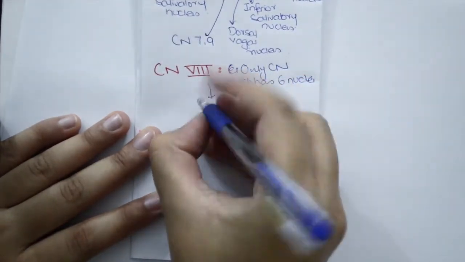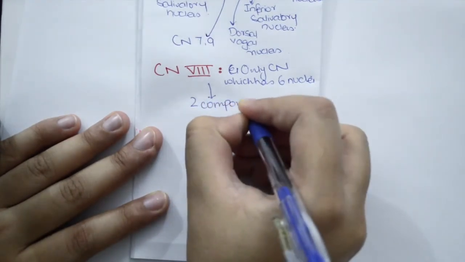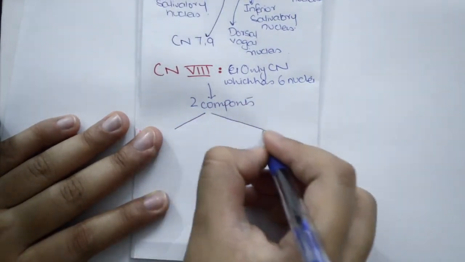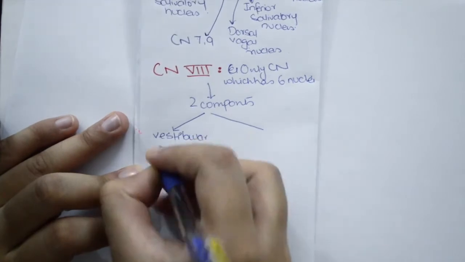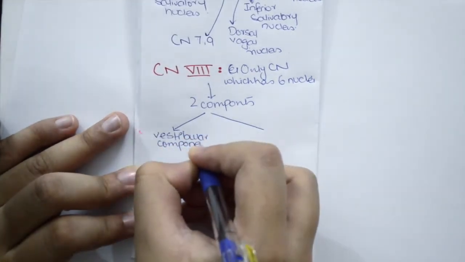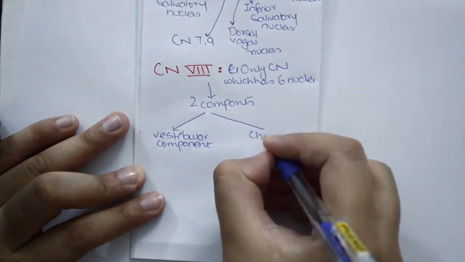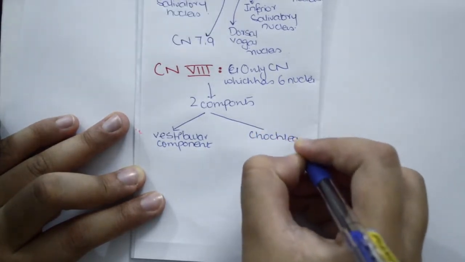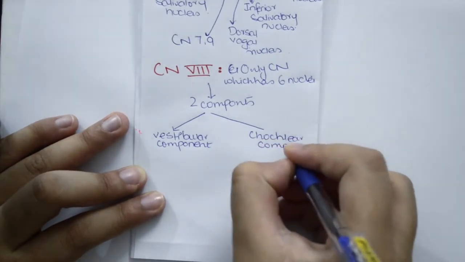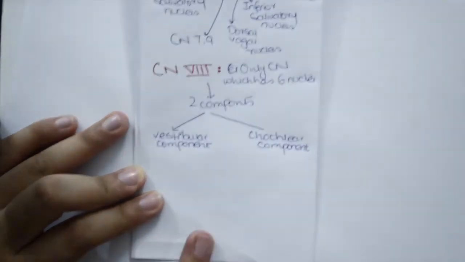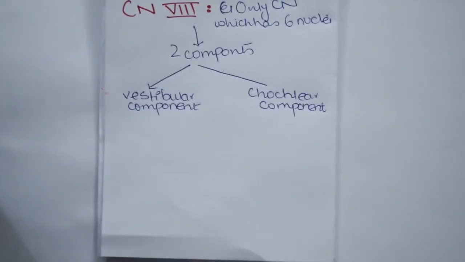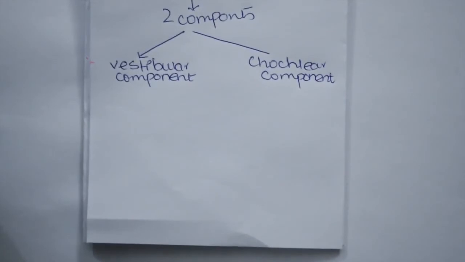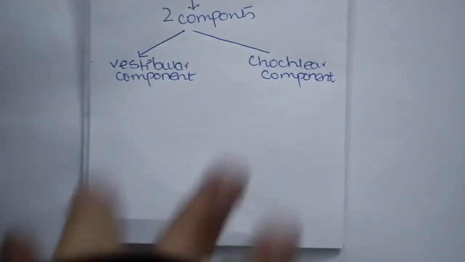It has 2 components, the vestibular component and the cochlear component. In the cochlear component, we have two nuclei, and in the vestibular component, we have 4 nuclei. So let's see.